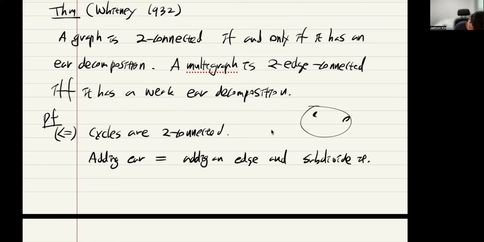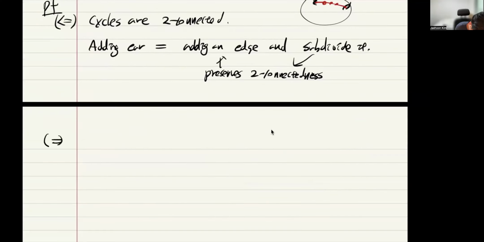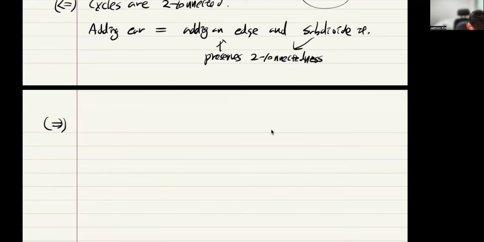So you have these two vertices, and then you want to add, say, this path, and that's same as you just add an edge and then subdivide three times. Right? But what we know is that this preserves two connectedness. And subdividing also preserves two connectedness. So your final graph must be two connected. So that direction is easy. I will not write down all the details.